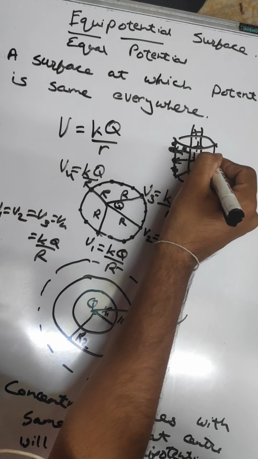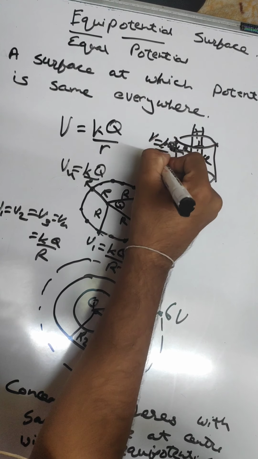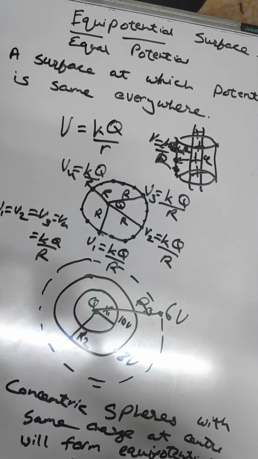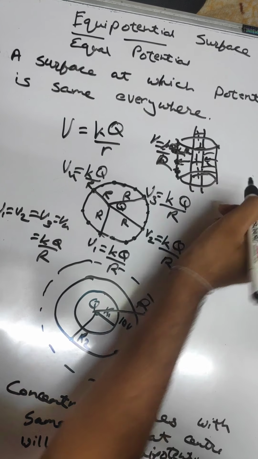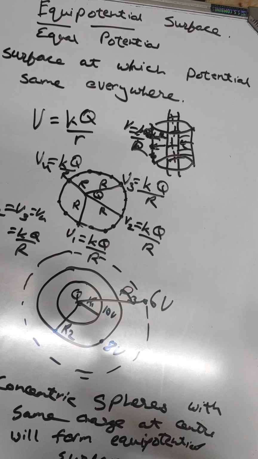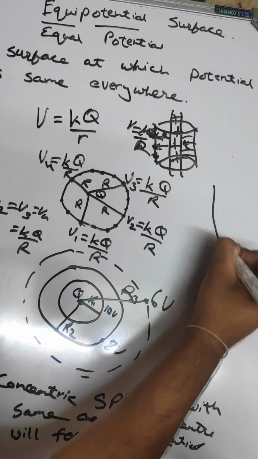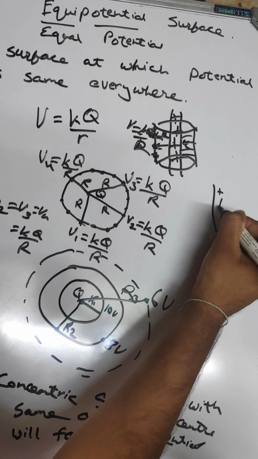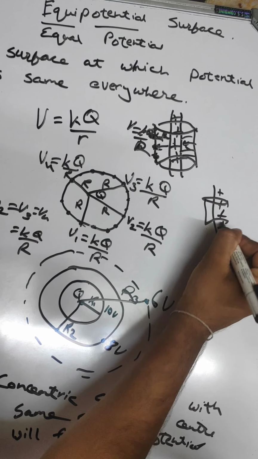Here if I say this charge is q, this is r, so V will be equal to kq by r. Similarly this side also. So the curved surface of the cylinder will always be an equipotential surface. Now suppose this is a charge having a small cylinder.